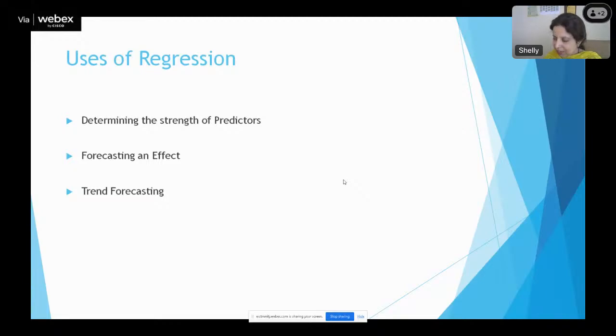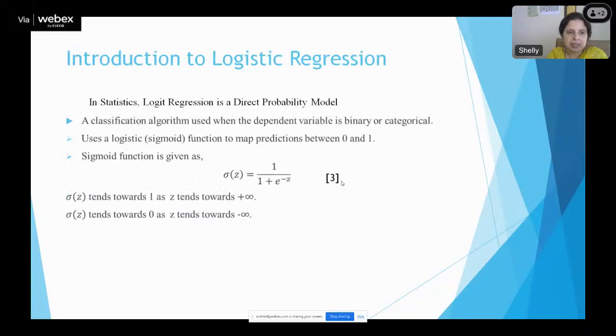And then trend forecasting, for example, how much the price of Bitcoin will increase in the next 6 months. Based upon the previous trends, I'll be able to figure out that Bitcoin may rise to a particular value in the next 6 months.